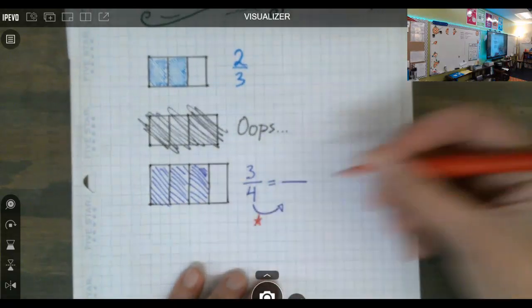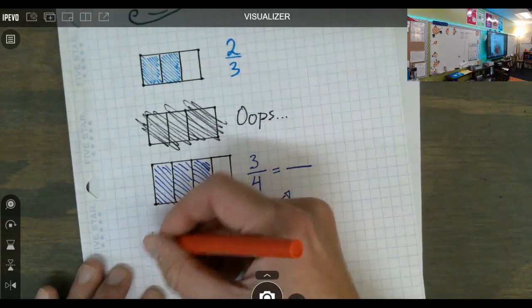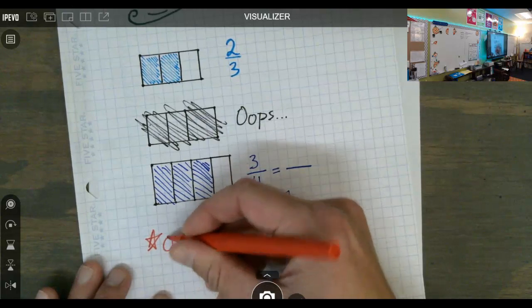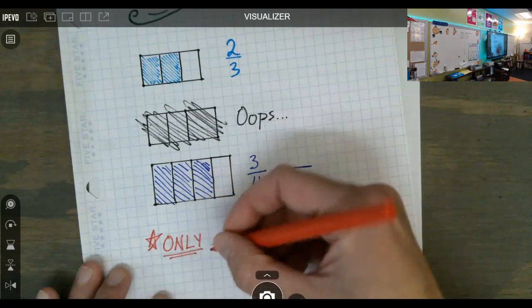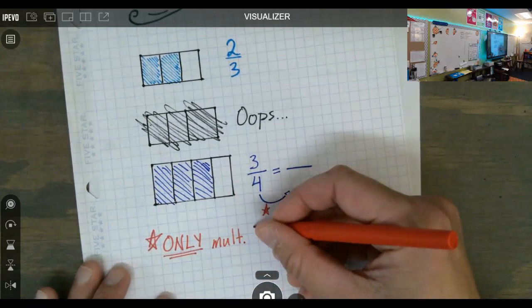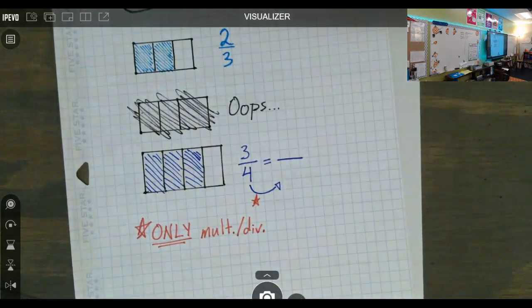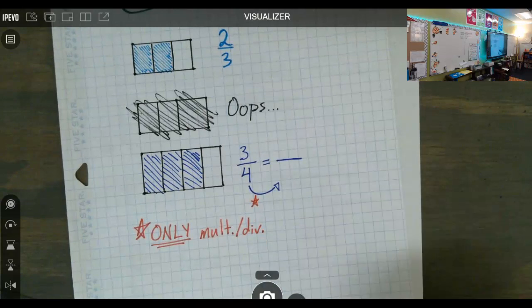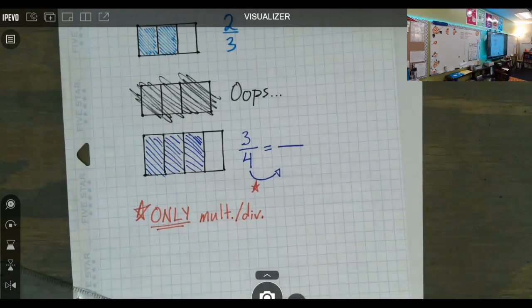We're only allowed to multiply, or technically, you could also do what? Yeah, you can only multiply or divide, because technically division is multiplication. So if you want to make a note to remind yourself, when we're working with fractions, we're only allowed to multiply or divide.